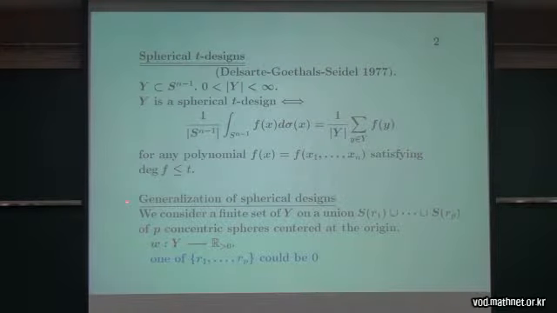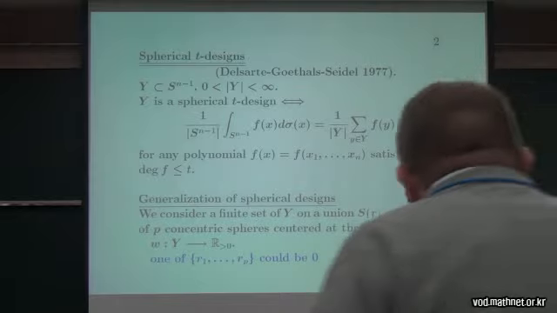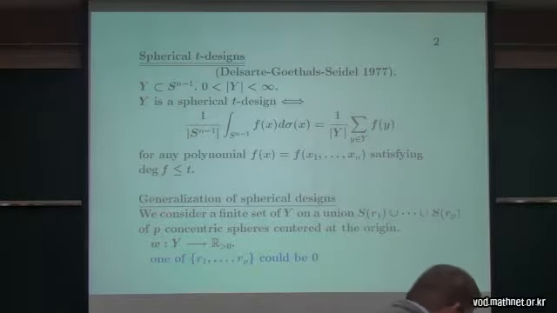Also, we are considering a generalization of spherical designs. We consider a finite set Y on the union of p concentric spheres. The centers are at the origin, and W is a positive weight function on Y. One of the radii could be 0, which means Y sometimes contains the origin.